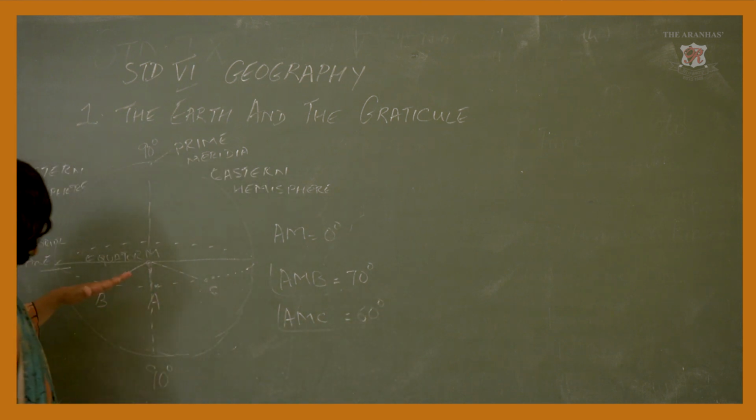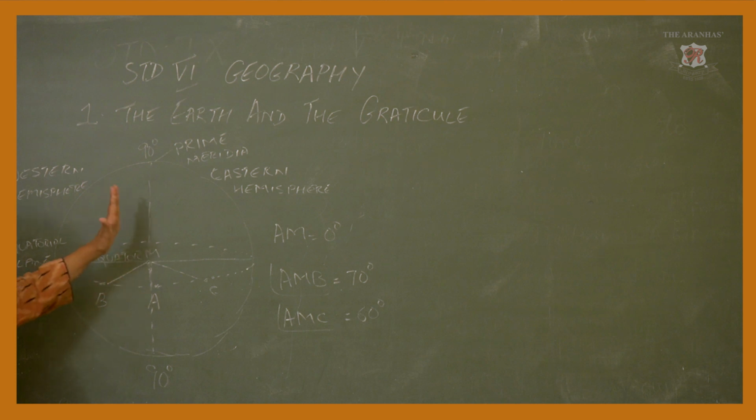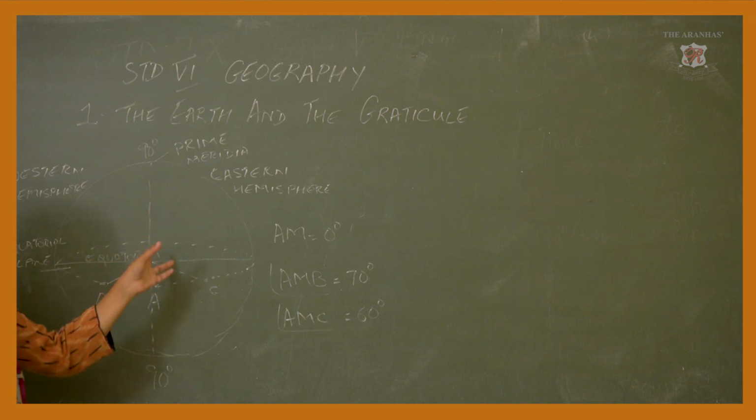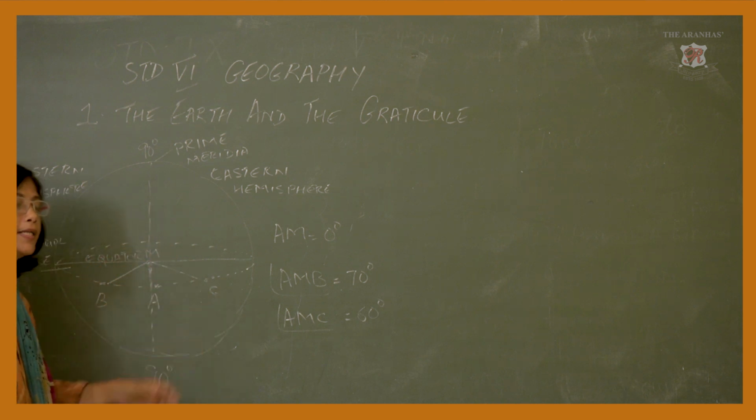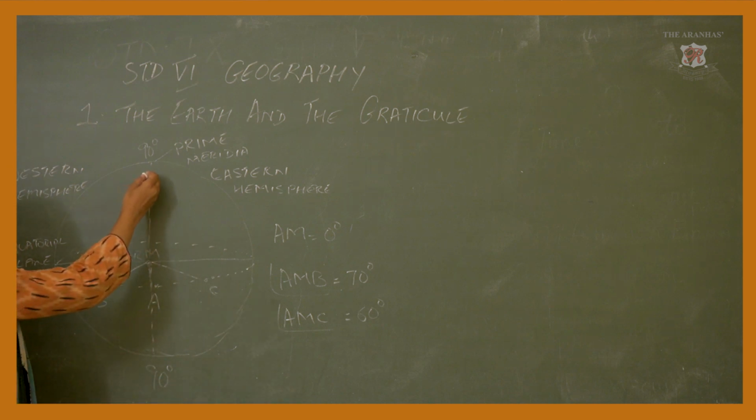So, this again is one angular distance from the prime meridian, this is another angular distance from the prime meridian. Now, draw a semicircle touching the poles.